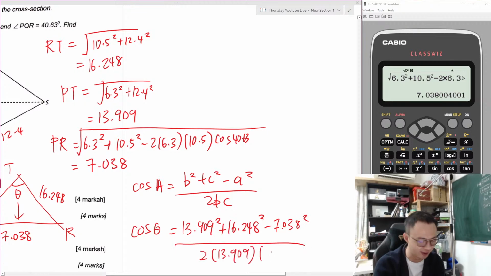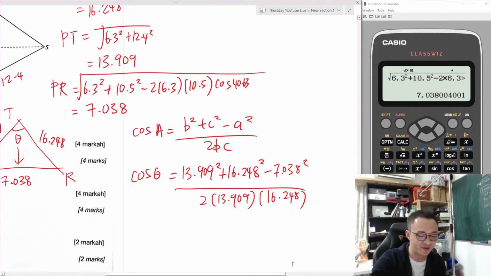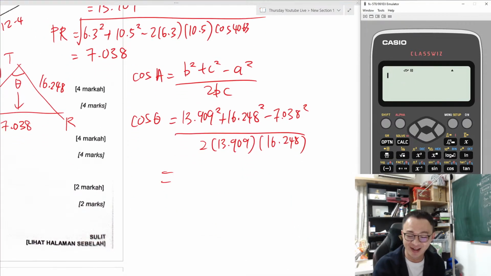It's a lot of work for this 4-mark question, but just follow the formula, then you should be fine. I'm a bit lazy to do this one, but let's finish it. Oh my god, I'm a lazy teacher. Please allow me to not talk here. Just see using your eyes, okay?